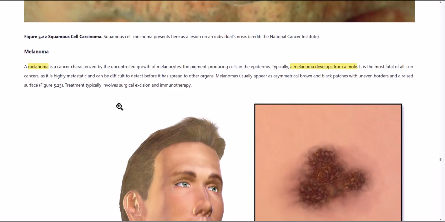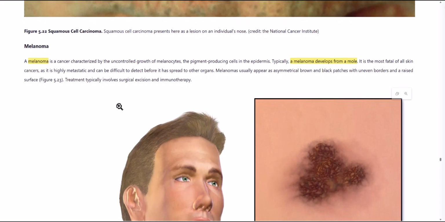And then thirdly, the kind of skin cancer that you do not want to hear that you have or a loved one has is melanoma. Melanoma is definitely a fast-growing, metastatic, uncontrolled kind of cancer, and it initiates in the melanocytes, right? So this is going to begin in those melanin-producing cells. Typically, a melanoma starts off from a mole.